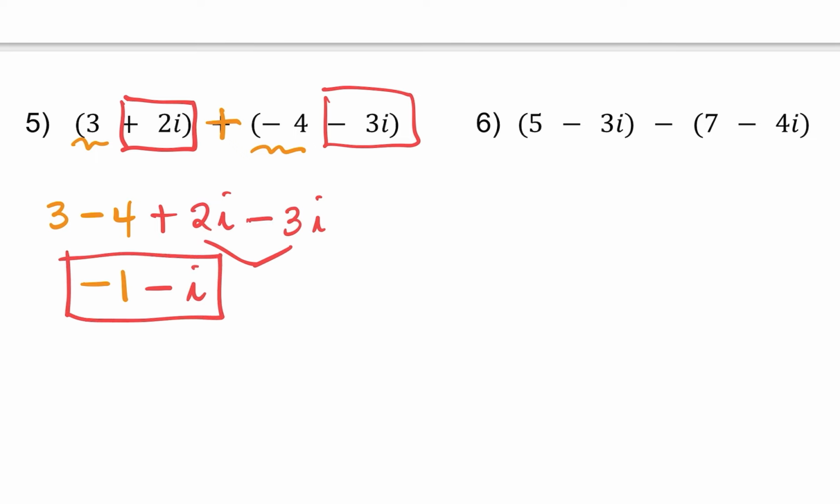Let's try another one, number 6. So let's distribute. We have the first set of numbers, which is in parentheses. We can keep that 5 minus 3i in parentheses, or you may drop it because there's no operation before these parentheses right here.